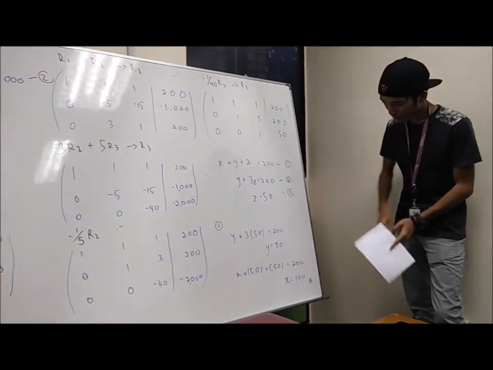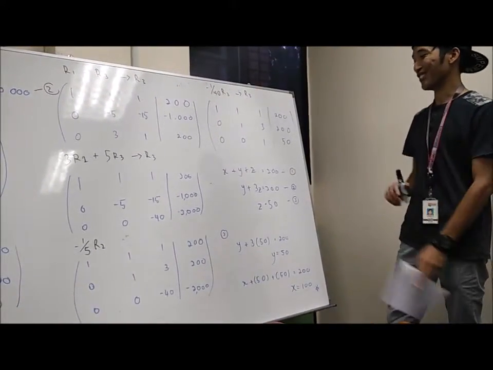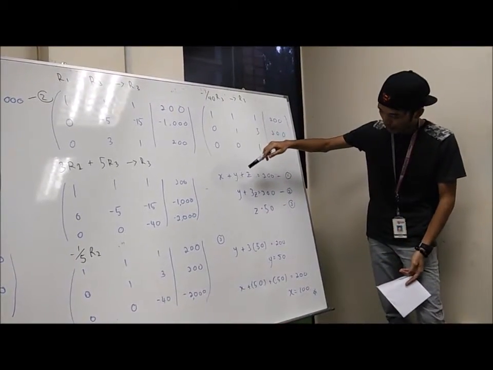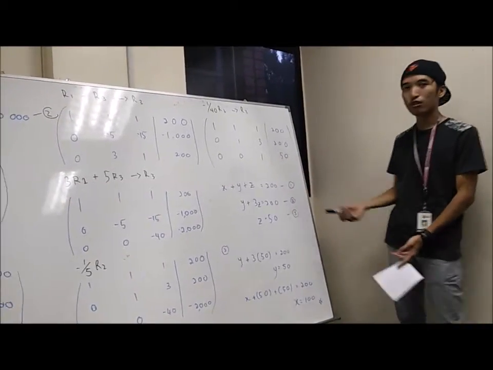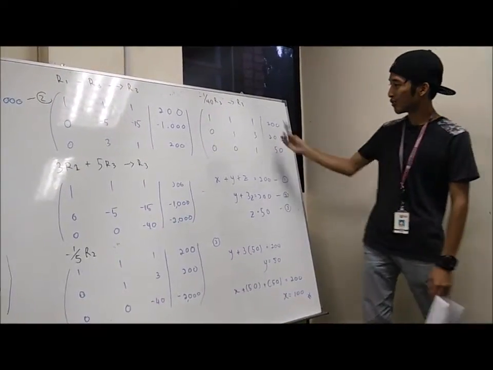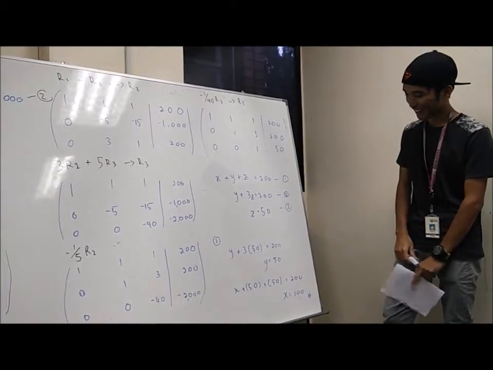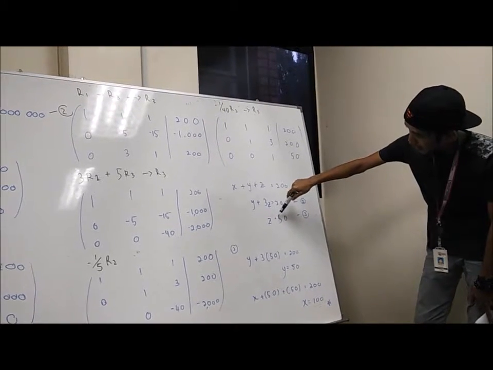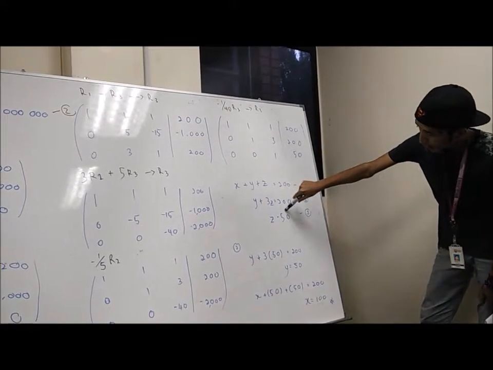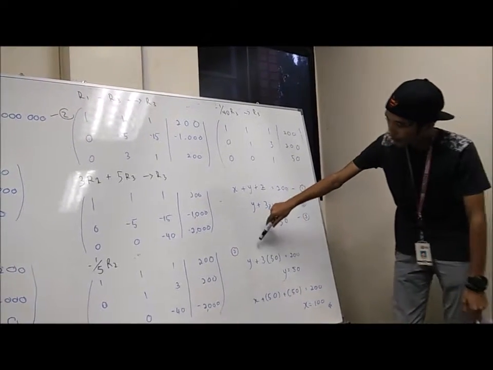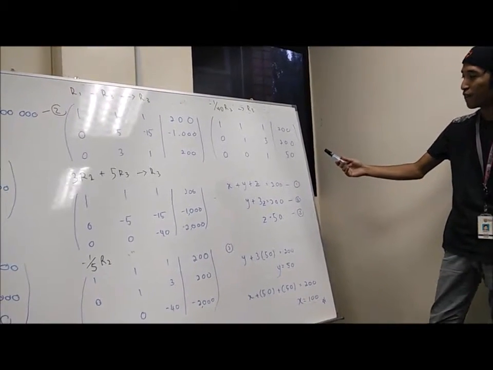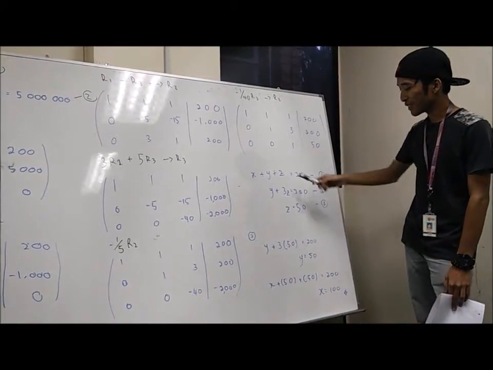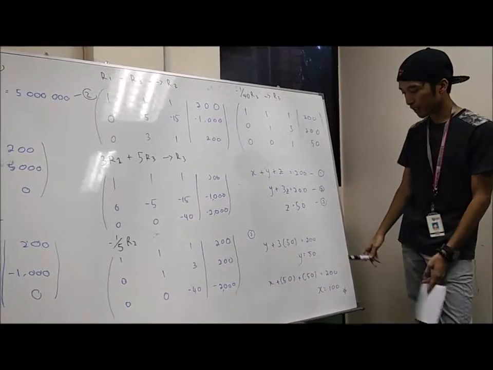So last step, we must know what the value of unknown. So first we must know what the value of z, because this is easy for us to understand, to calculate. Okay. First we get the answer. Z is 15, and next step we get the value of y.